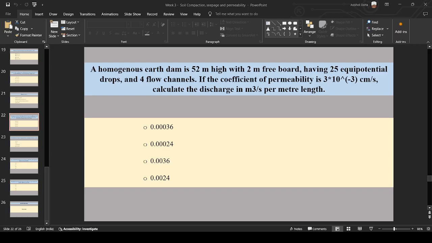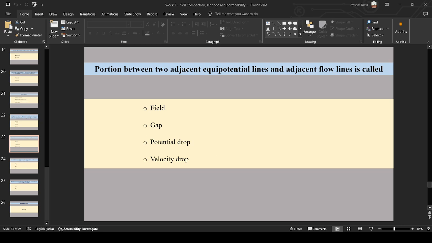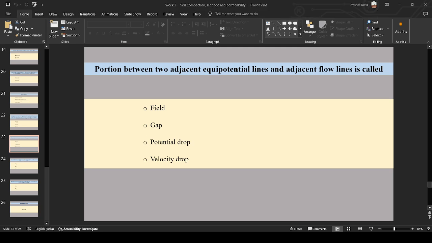Okay. So this is the question. I'll go to the next one. Portion between two adjacent equipotential lines and adjacent flow lines is called.